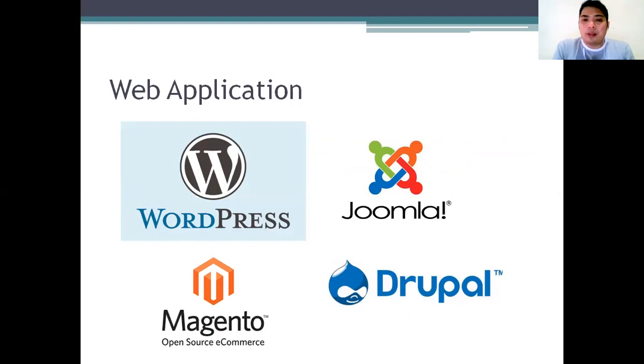You can create a website using WordPress. You can also create a website using Joomla. And if you are into e-commerce, you can also use Magento. And you can also create a website under Drupal. Once na nag-purchase tayo ng tinatawag na hosting, automatically makikita natin itong mga web application na to. So they are all free.